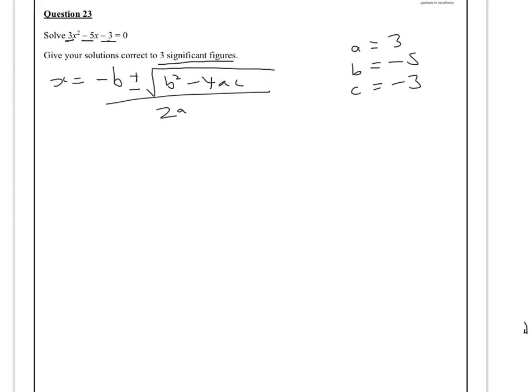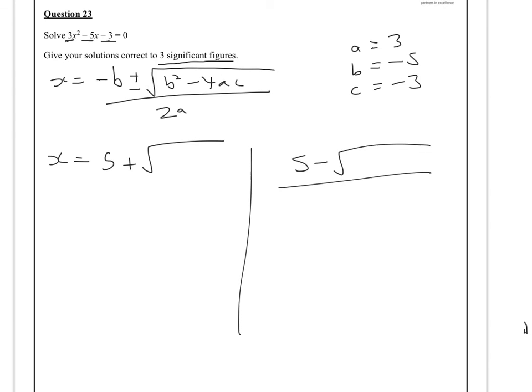So the first part, we're going to get x equals minus minus 5, which is plus 5, and then on this side I'm going to do plus, and on this side I'm going to do 5 minus, and that's going to be over 2a, so 2 times 3, which is 6.